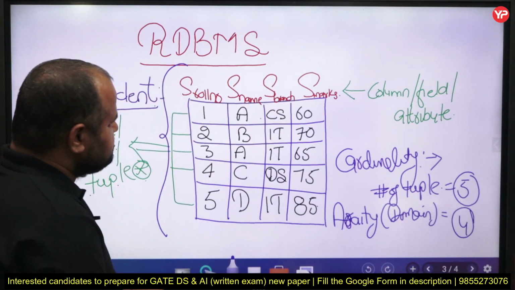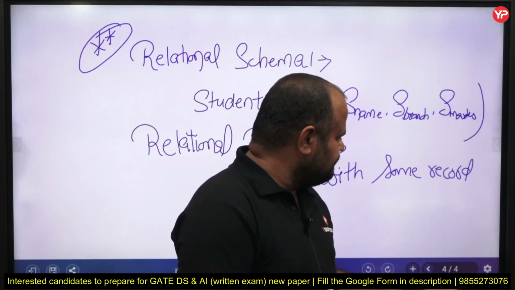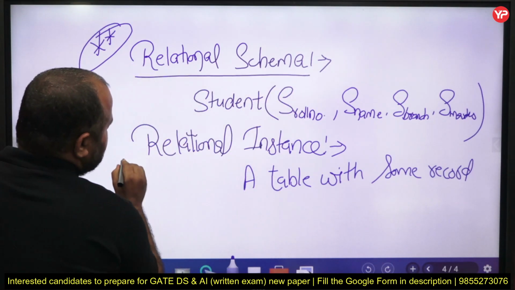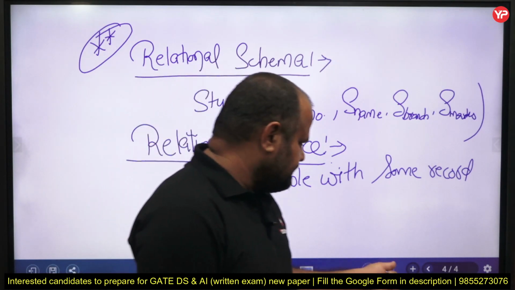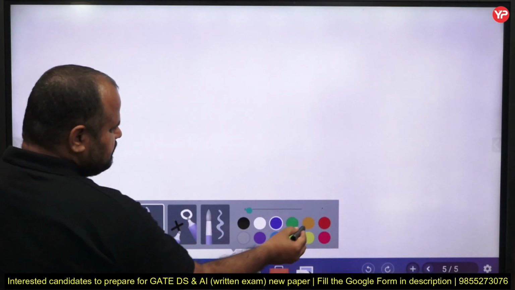So my dear students, we just discussed a few terminologies which are often used in this series, relational schema and relational instance. Now we are moving towards some important stuff.